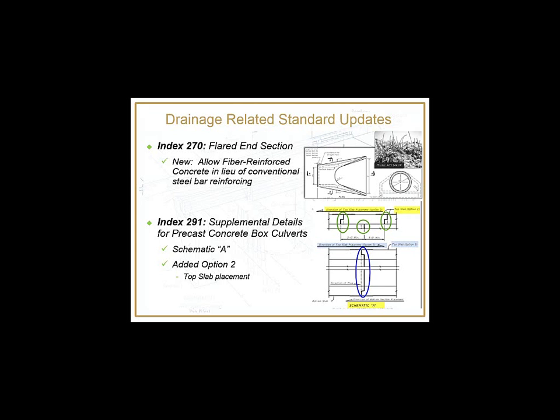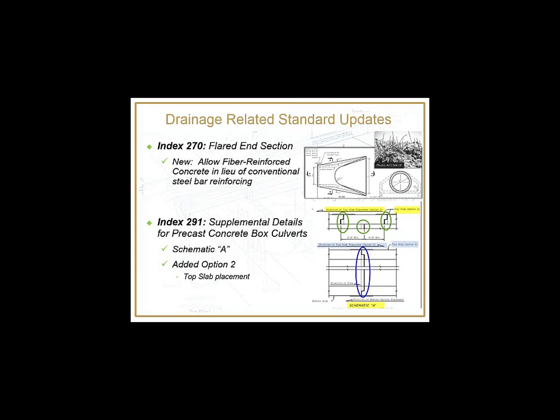It requires a separate design submittal to be submitted to the state drainage engineer and approved through the traditional shop drawing process. So you might see some of those coming out on construction projects in the near future.